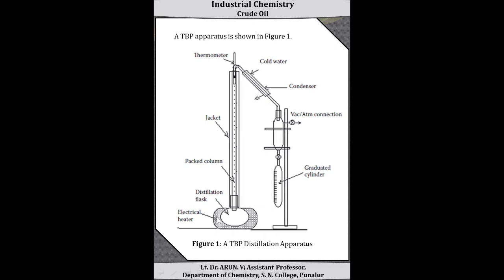The distillation flask is heated by electricity, and the temperature is noted by a thermometer. The vapors are condensed through a condenser, and there are vacuum and atmospheric connections. After that, the separated fractions are collected in a graduated cylinder.